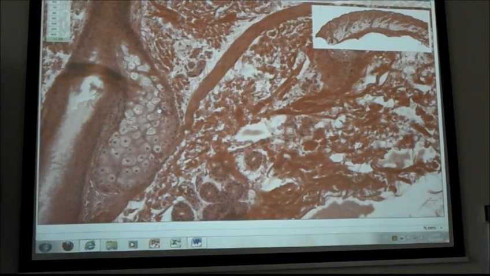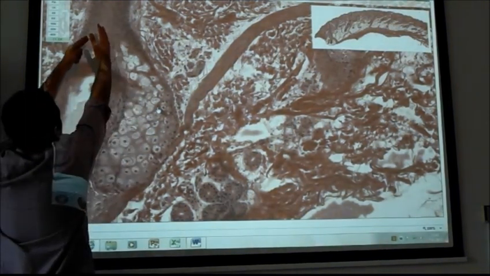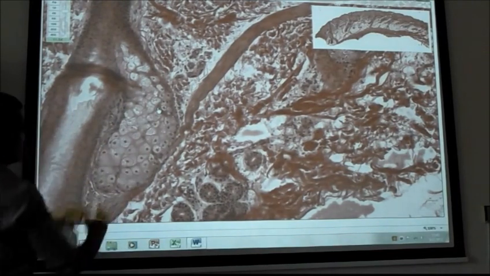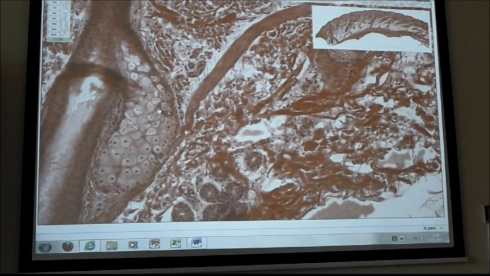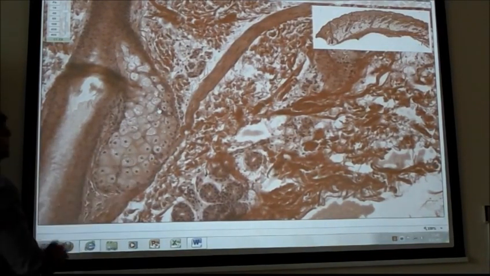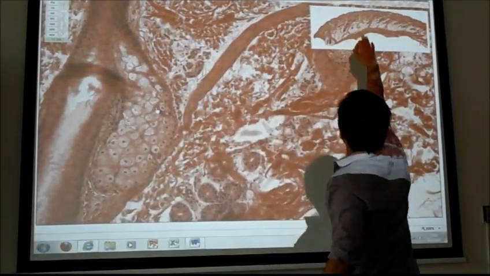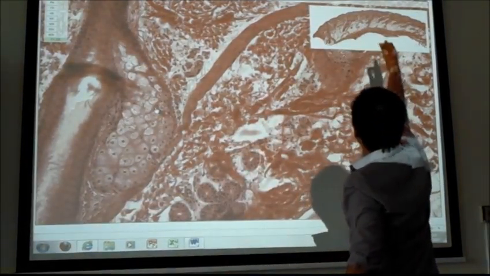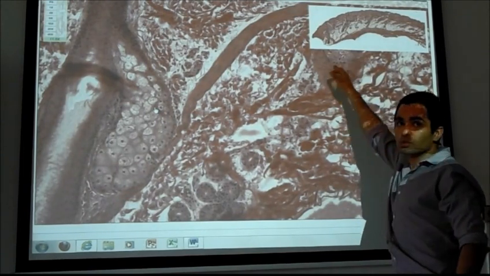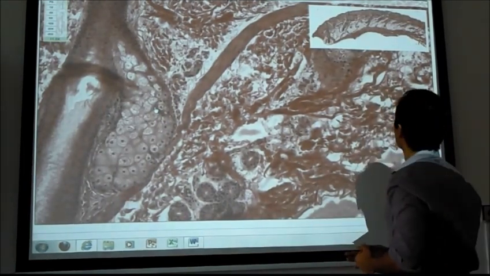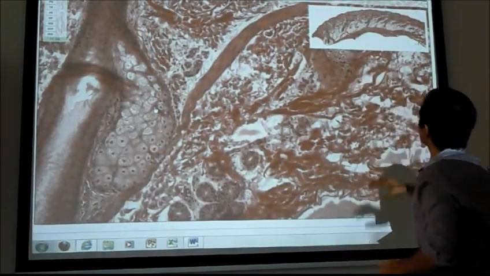As I was drawing, they open into the follicle. So this is the dermis. Then below it we have subcutaneous tissue, where you find a lot of fat.